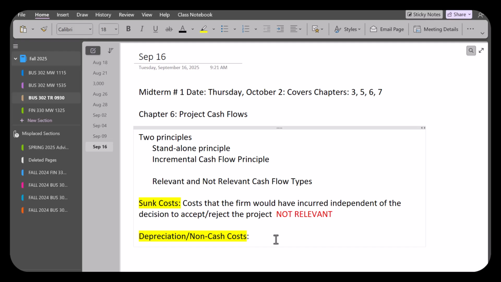Remember, this is not an accounting class, it's finance. So for us, all that matters is cash, right? So given that, do you think we should ignore depreciation and other non-cash costs? In our project cases, depreciation is going to be pretty much the only one, but generally speaking, should we ignore them or not?